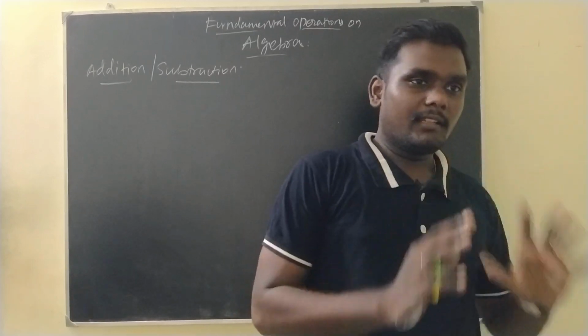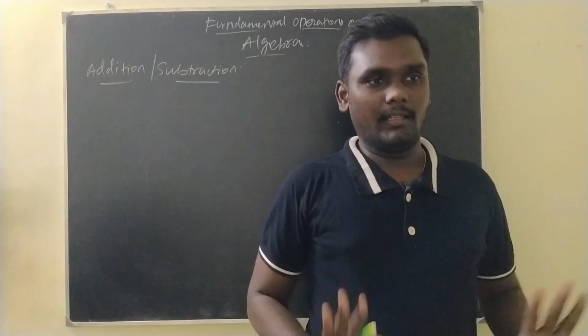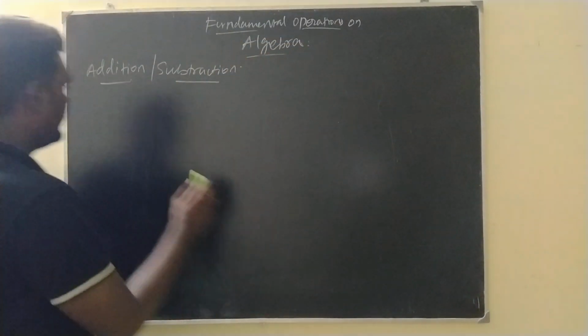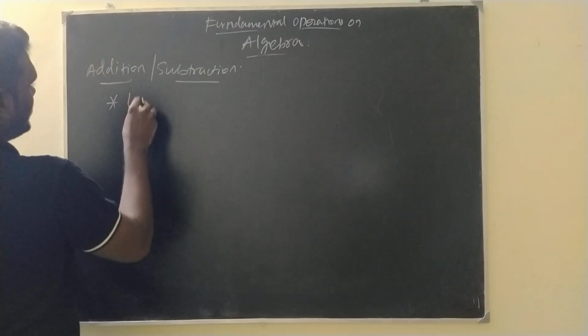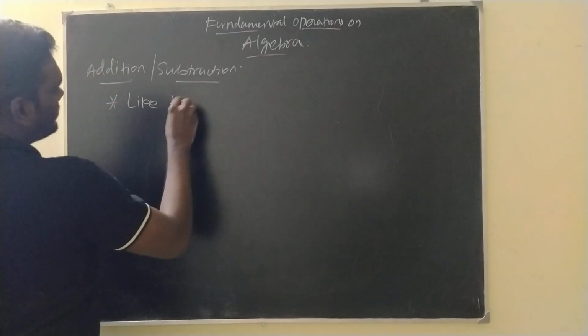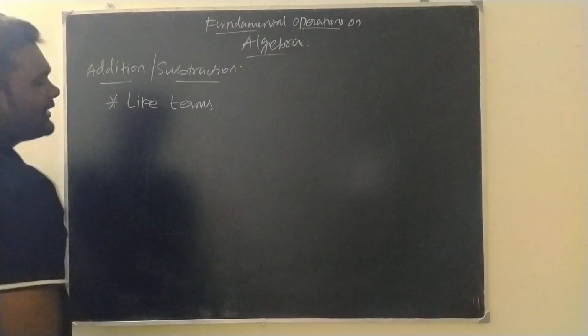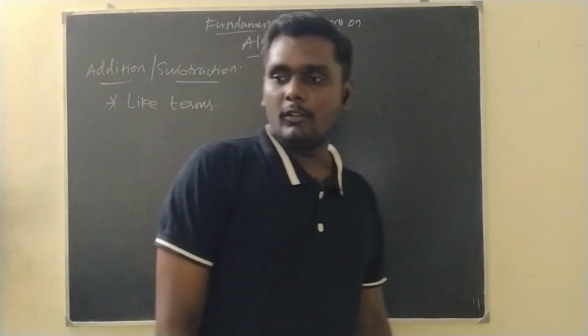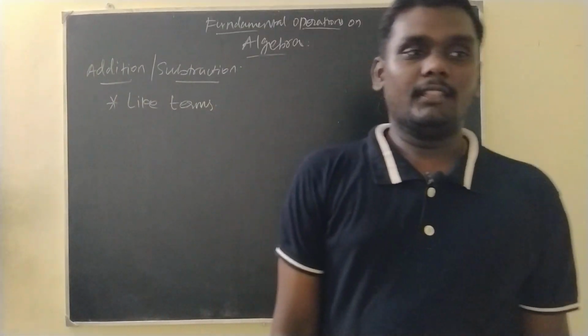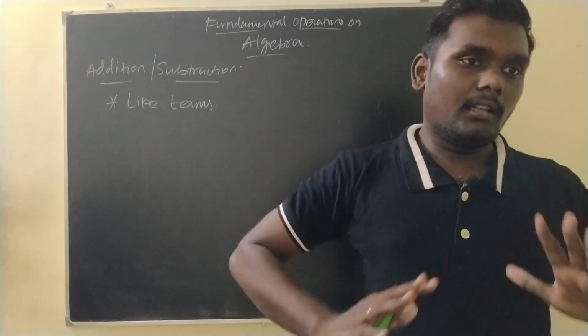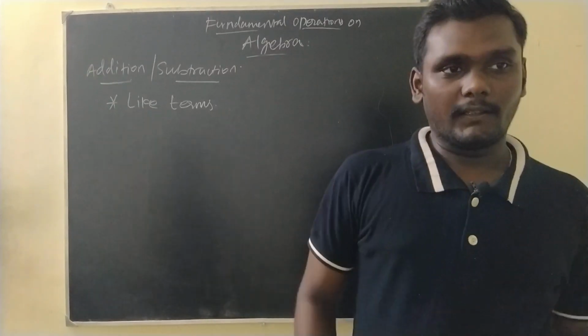So if it is like terms only, we can add or subtract things. The first and foremost condition, the terms that we are adding should be like terms. If those are not like terms, then we can't add those. We'll keep as it is.